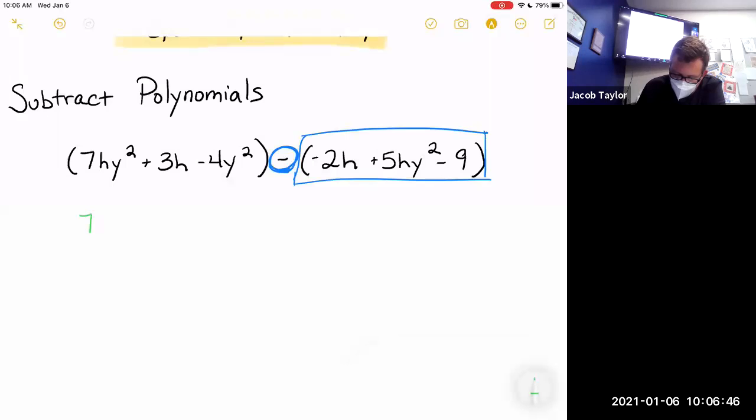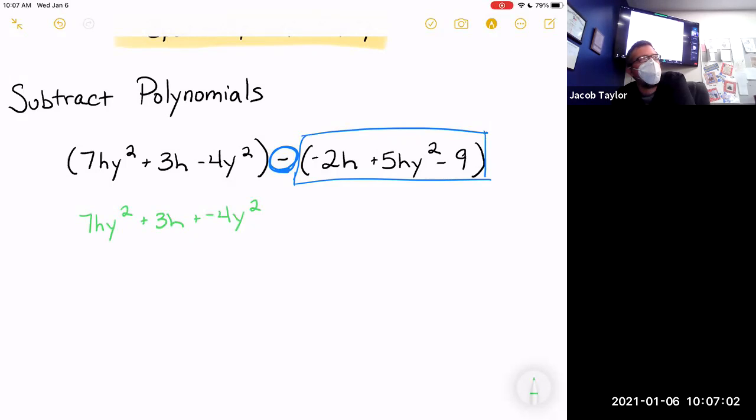So we'll do 7hy squared plus 3h, and then we've got a minus 4y squared, so we'll write that as plus negative 4y squared. We have to go back at the end and make it all subtraction. You don't have to, but you can. If you left it as plus negative, that falls into the weird but technically correct category.